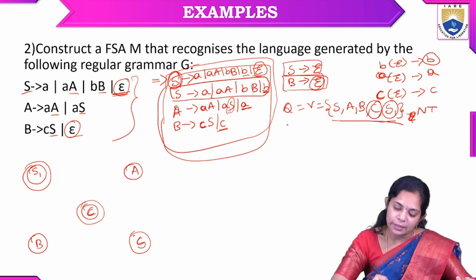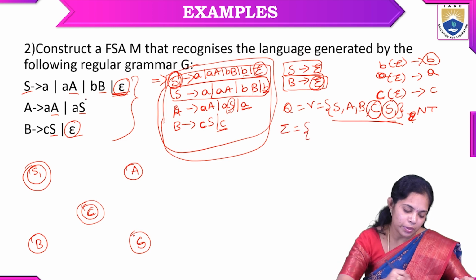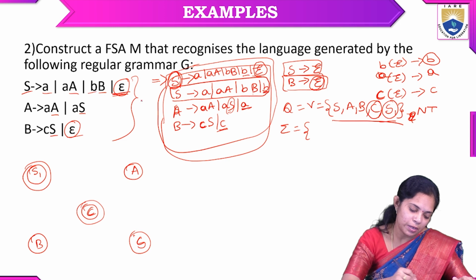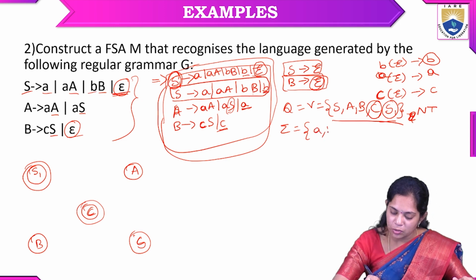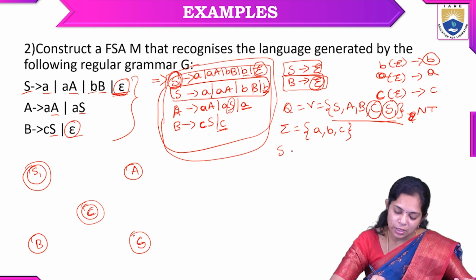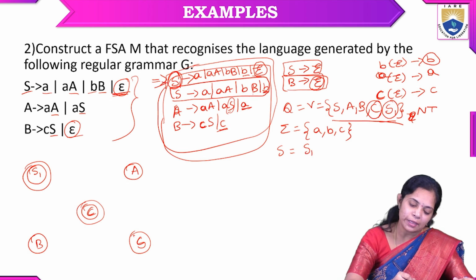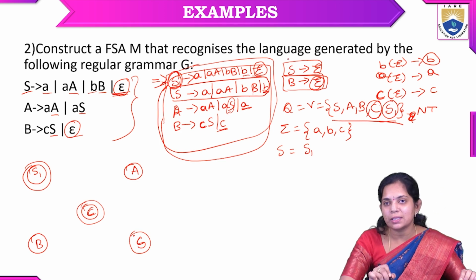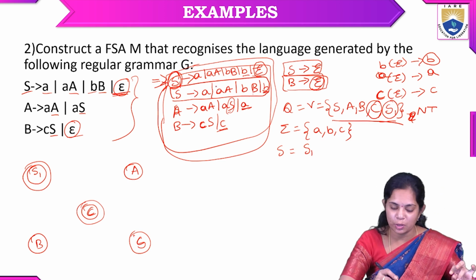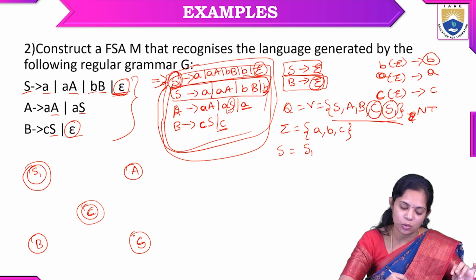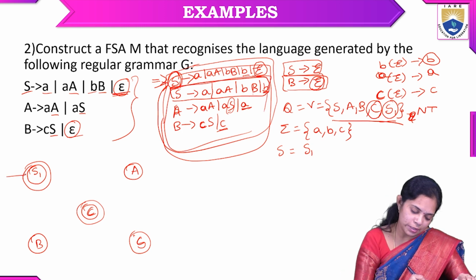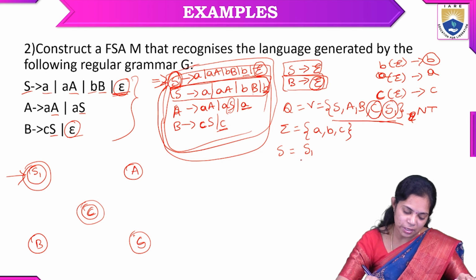Next we have to write the epsilon symbol, which has only A, B, C. And next, what is the start state here? The start state is S1. Why? Because we are adding the new state, and only the start state contains the epsilon symbol. No other state should contain the epsilon symbol. So S1 is the start state.